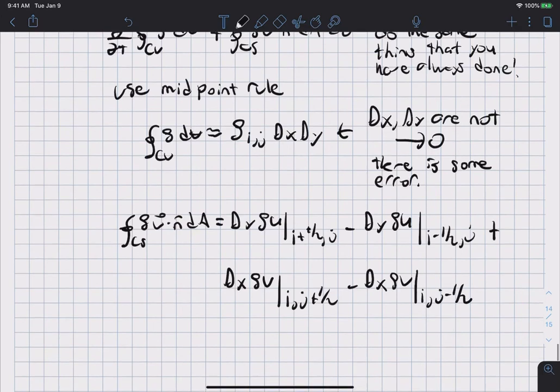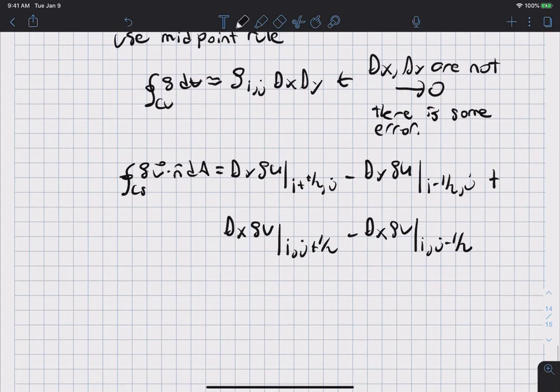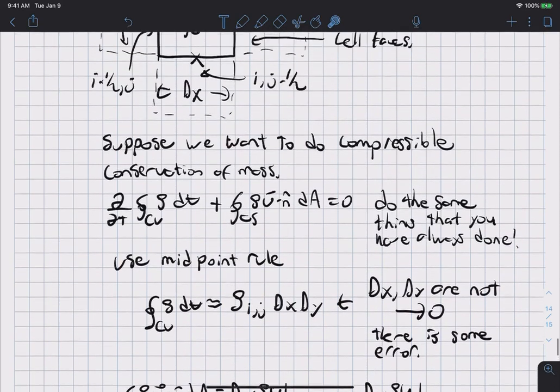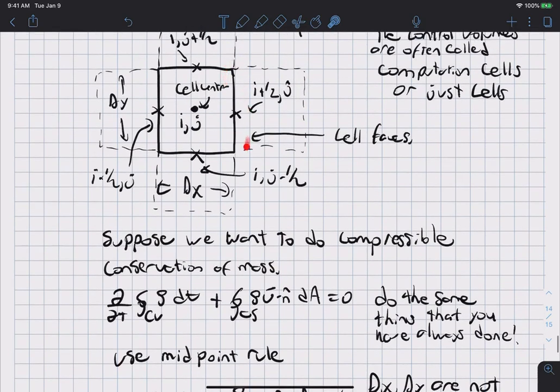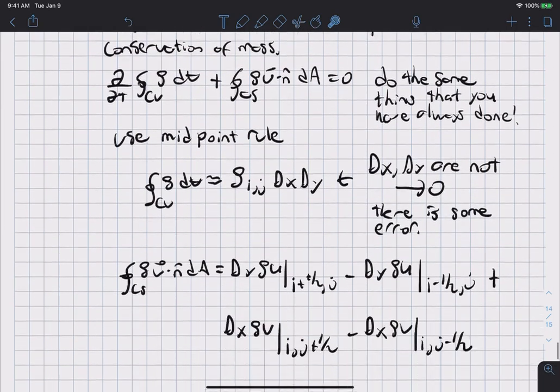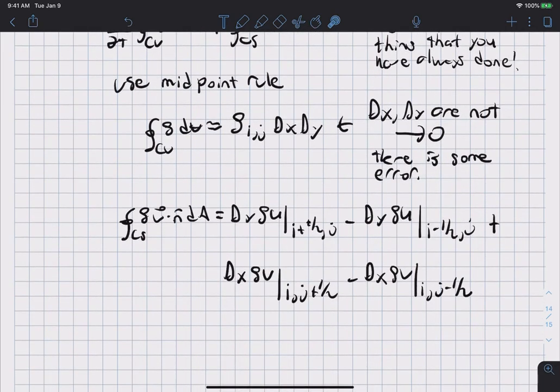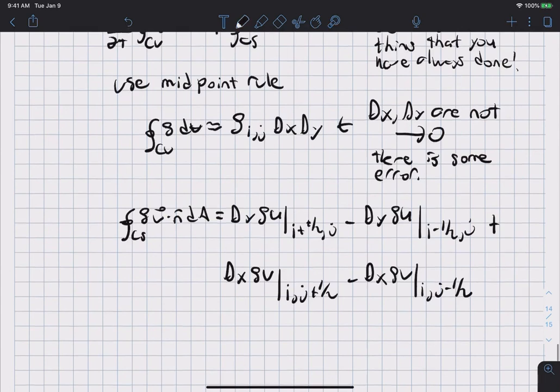And so now the trick here is that we need to approximate the mass flux, or rho u, at all of these edges of the control volume here. And there are lots of ways of doing that. Okay? So you can do a Taylor series.